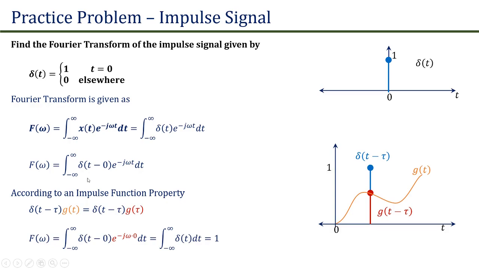Therefore, this relation can be rewritten as F of omega is equal to integral from minus infinity to plus infinity delta(t minus 0) into e raised to power minus j omega 0, which is now going to be unity, into dt, which is further equal to integral of delta(t) over the infinite time, which is nothing but equal to 1. Hence, the Fourier transform of an impulse function is going to be equal to unity.